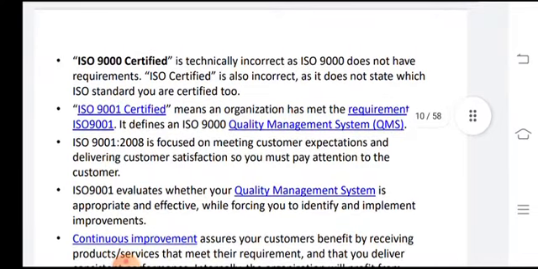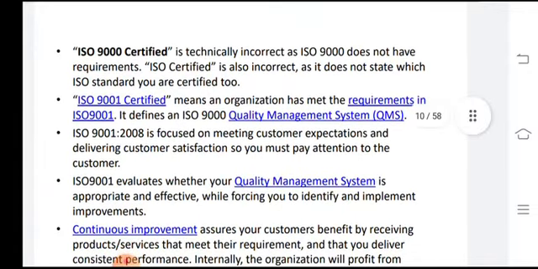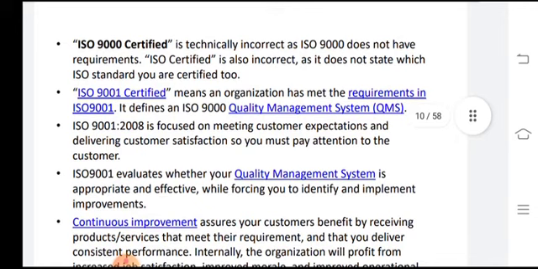So ISO 9000 certified is technically incorrect, as ISO 9000 does not have any requirement, there must be some specific format. So for example, 9001 or 9002 or 3 or so on, whatsoever it is about. So simply ISO 9000 cannot be described as a certification format.